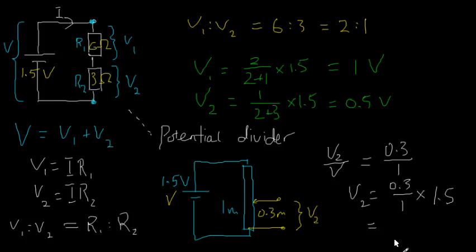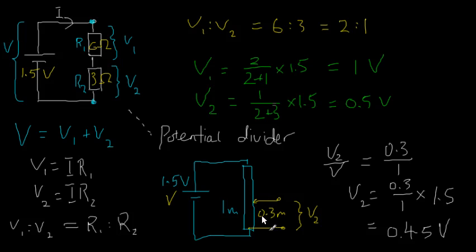Okay, and in this case, if I take 0.3 times 1.5, let's see what we get. It's 0.45 volts. And the important thing about this setup is that I can easily slide this contact up and down.